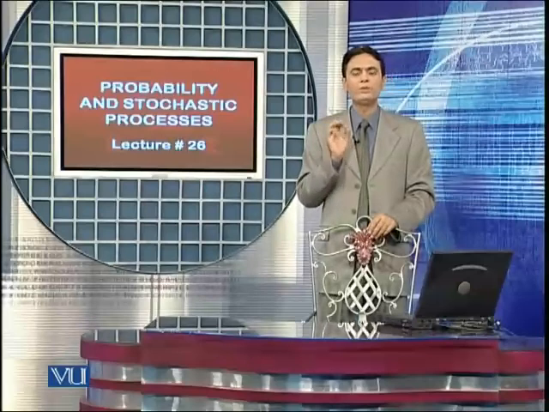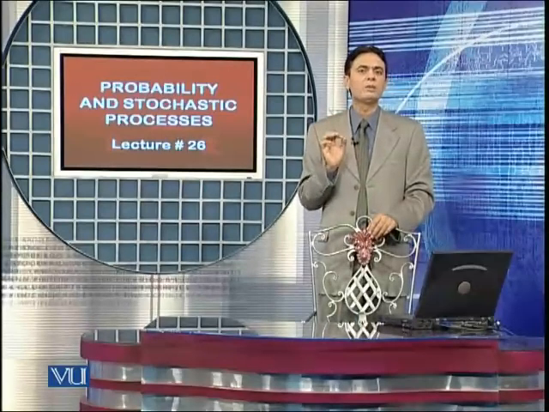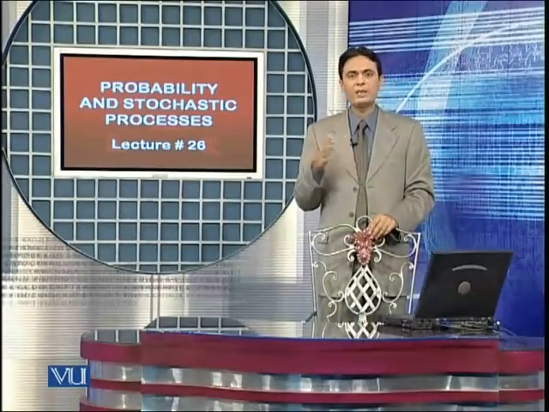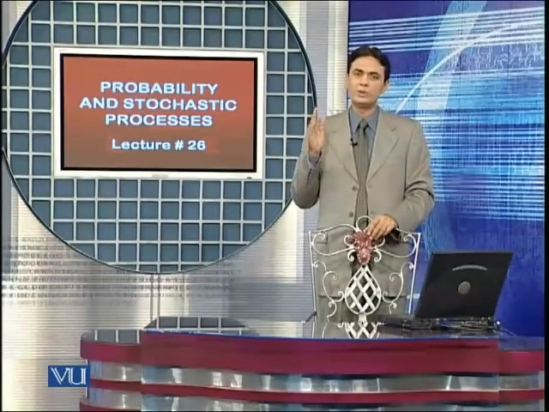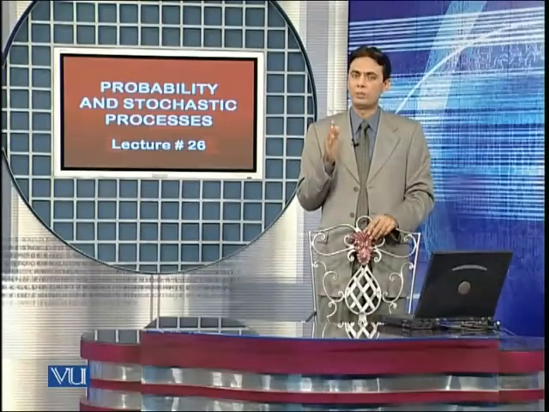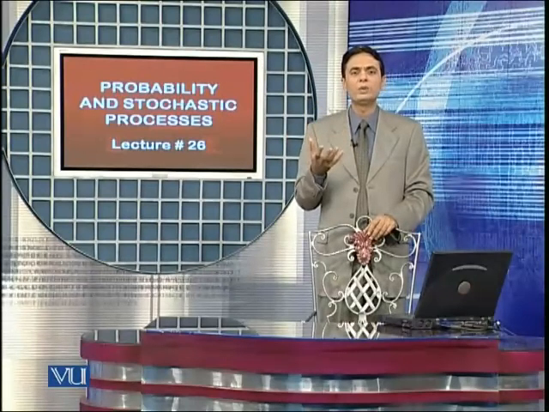You don't have to fix this point y at a particular value. You can make it a parameter, change it over the whole real line, and as you change the location of this point y, you get a new value of PDF of y at that point.